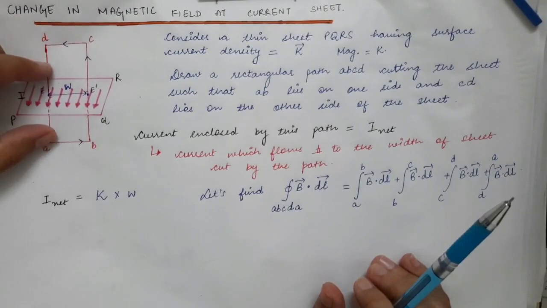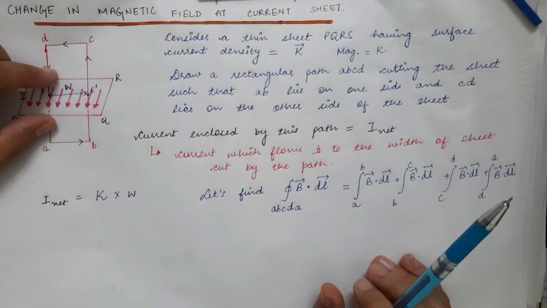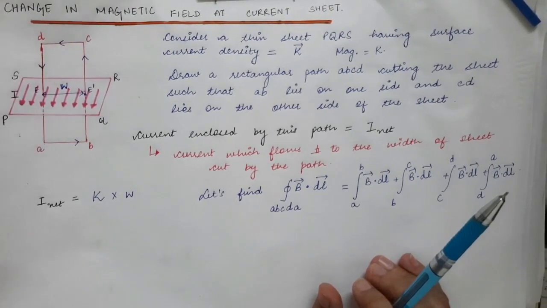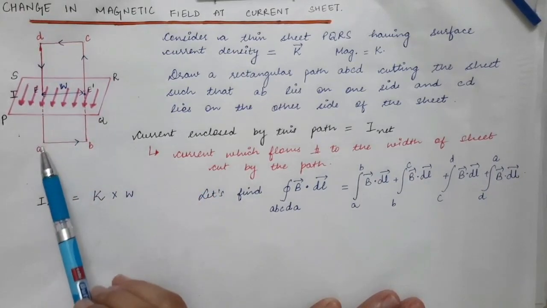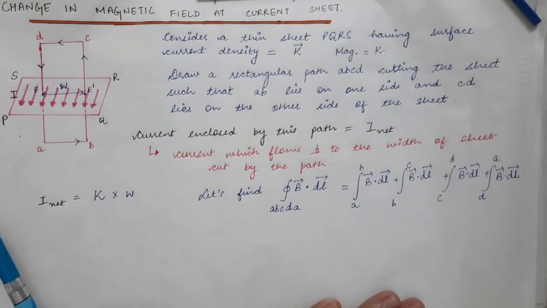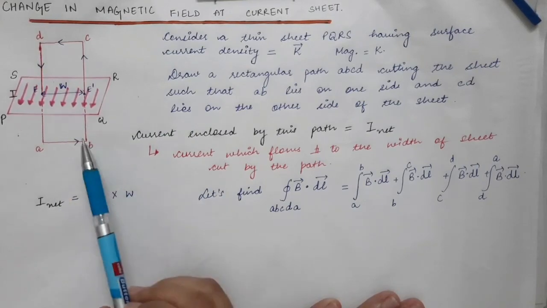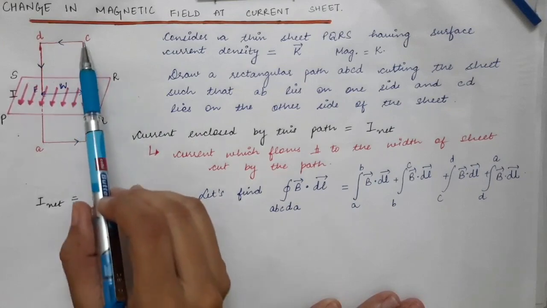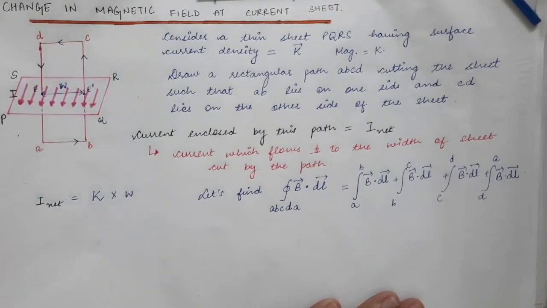So we are reducing the length of the rectangular path such that the BC length and the DA length are very small and approach 0. So now we will use the limit that BC and DA lengths approach 0.